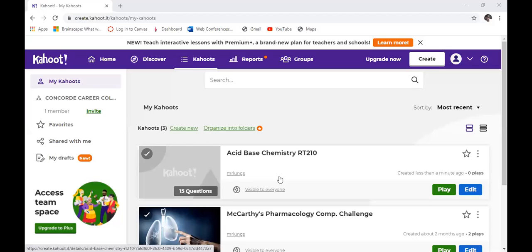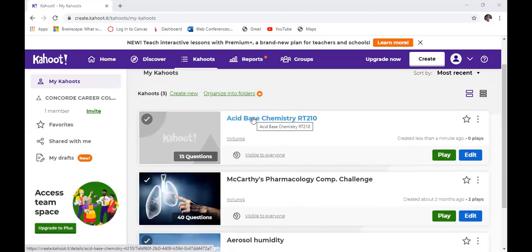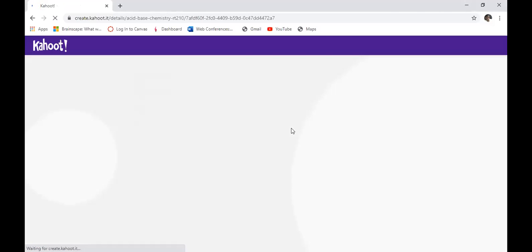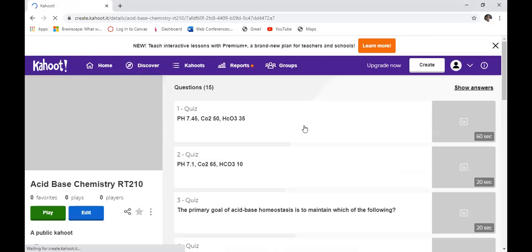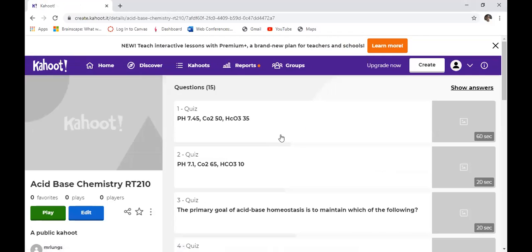All right, y'all should be able to see my screen. I'm going to click the acid-base chemistry, RT210. All right, let's see here.